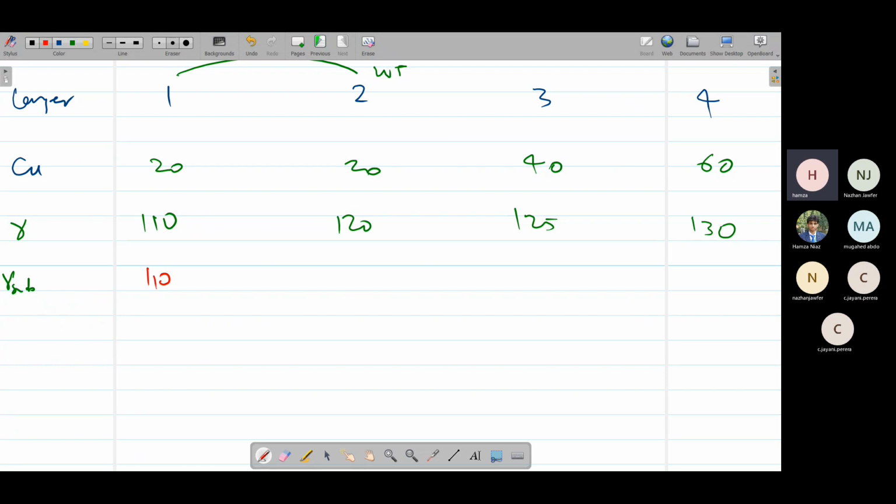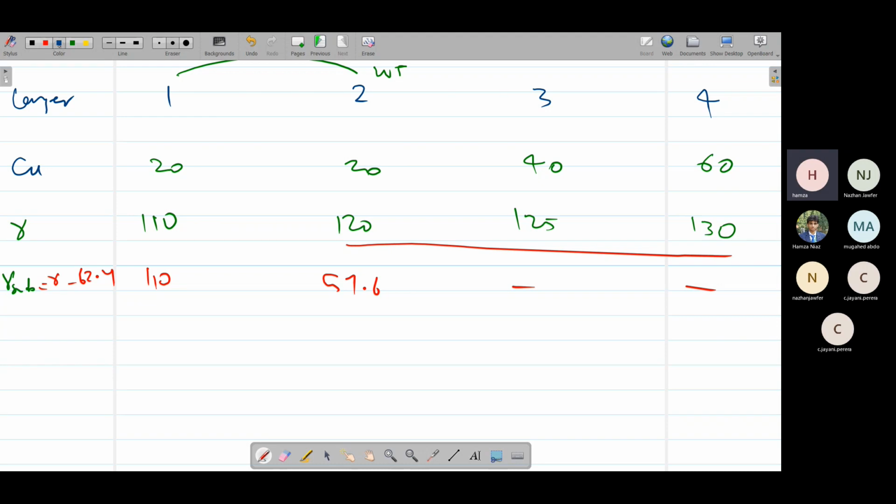This is below, so 120 minus 62.4, something like 57.6. So just calculate gamma submerged, that is gamma minus 62.4, the gamma w. Remember, only for those layers which are below the water table, these 3 layers, not for the first layer.